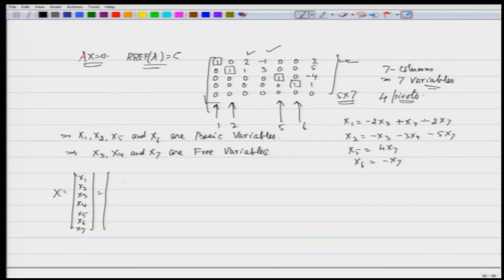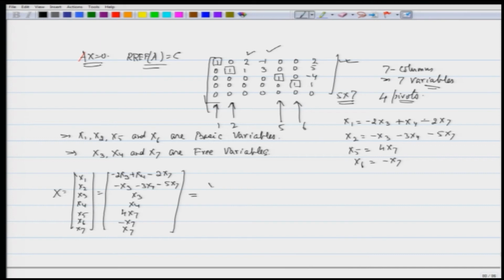All right, so let us write it back. Minus 2 x3 plus x4 minus 2 x7. x2 is minus x3 minus 3 x4 minus 5 x7. x3 there is no change, x4 there is no change because they are free variables. x5 is 4 x7 and x6 is minus x7 and x7 is again a free variable, so I keep it as it is.